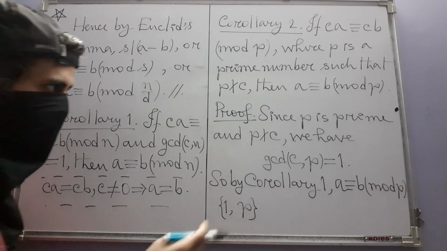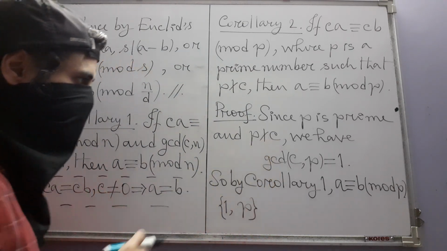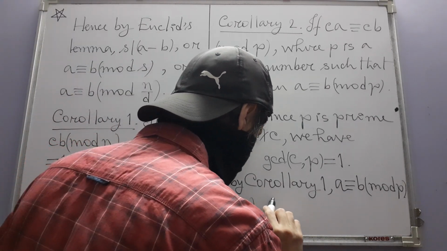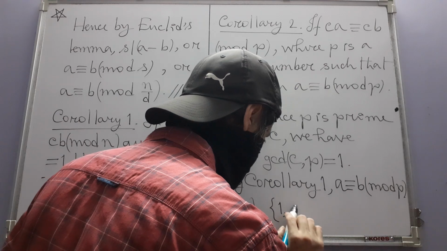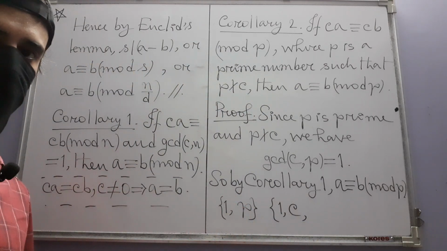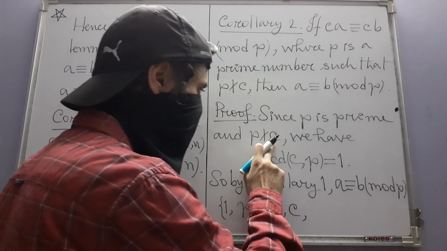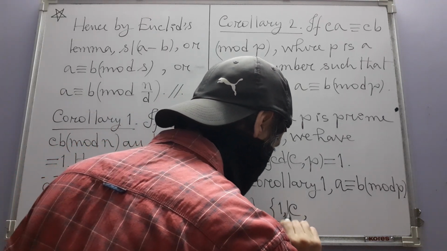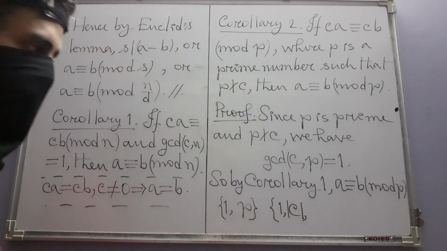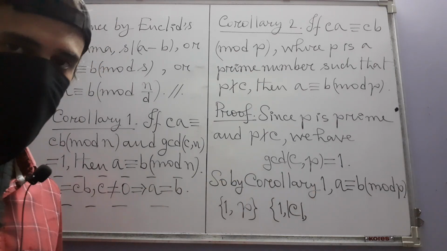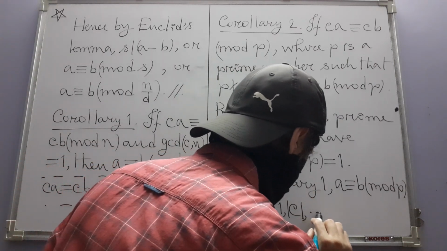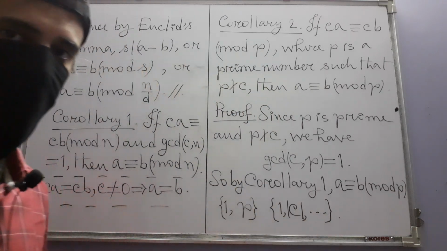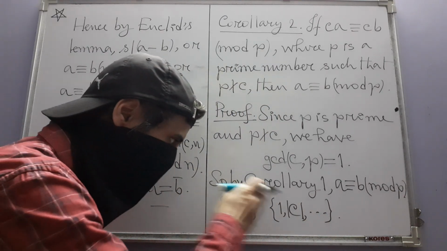Now, we don't really know all the positive common divisors of C, because C is just some integer. At least we know that there are these two. Oh, and one more thing, C itself may be negative also, so we cannot just simply take C here, take absolute value of C. Besides these two, there may be more also. However, we do not really need to know this set fully. Why? Because we want common divisors only.